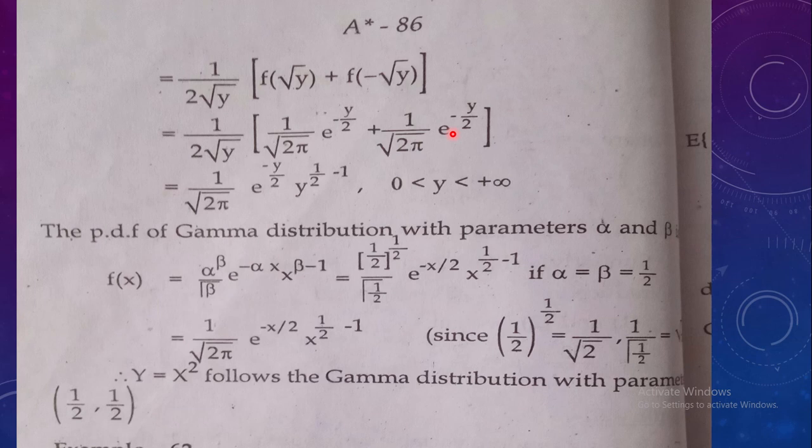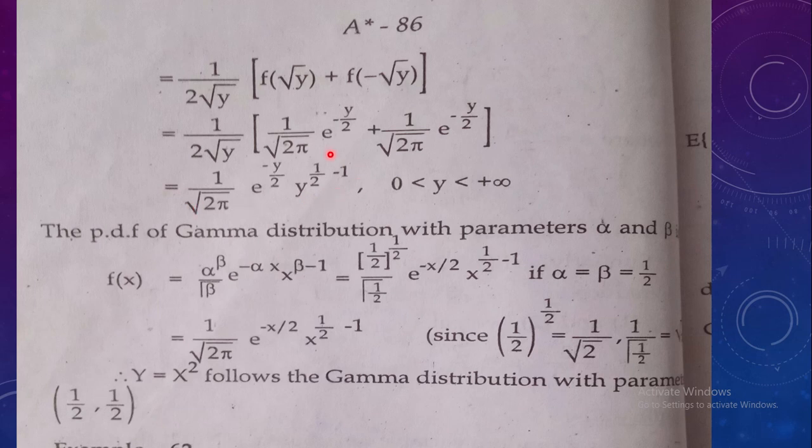The same thing is also given for the other term. Then adding these two terms, you will get 2 into 1 by root 2 pi e raised to minus y by 2, and that 2 and 2 will get cancelled. Finally you will get 1 by root 2 pi e raised to minus y by 2, and this root y will change into y raised to minus 1 by 2, which I have adjusted and written as y raised to 1 by 2 minus 1.